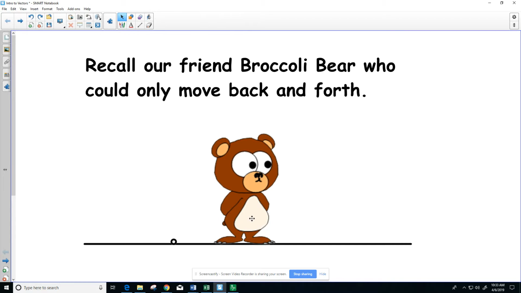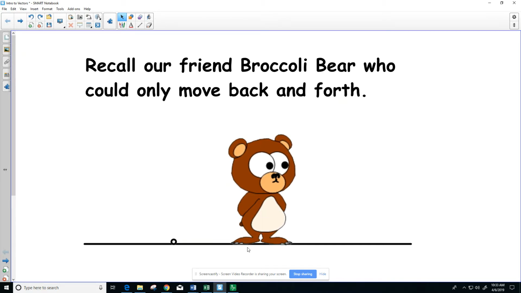If I want to measure, say, the distance away from the reference point, in other words, think of this being representative of where Broccoli Bear is, well, we could just use whatever number is represented on this number line.